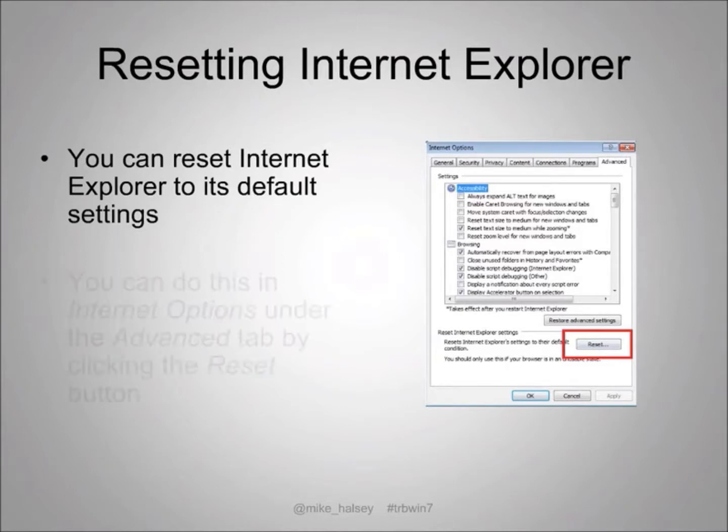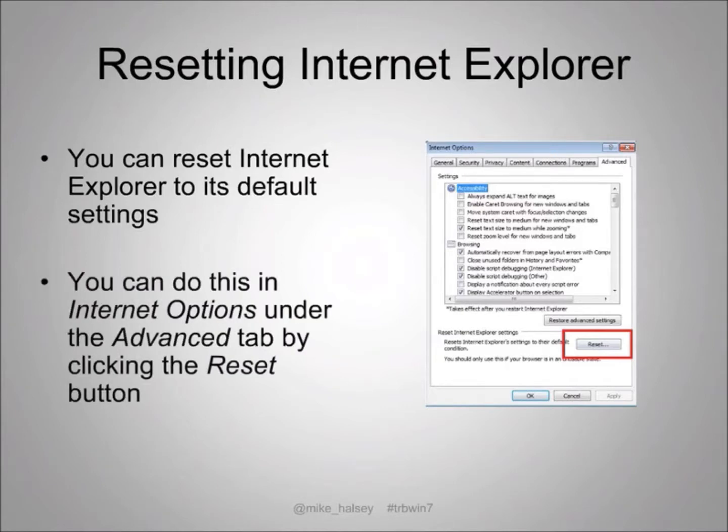Now, the important thing to note here is that you won't lose all your internet favorites. You could lose your logins for some websites, but your internet favorites will be safe because they're stored separately in your user folder. They're not integrated into the Internet Explorer files themselves. And this is a really good way of being able to get Internet Explorer working again if it fails to operate.